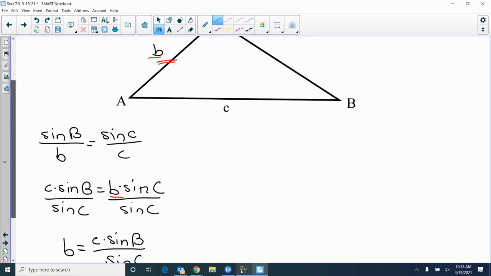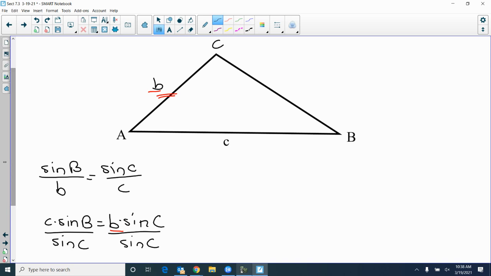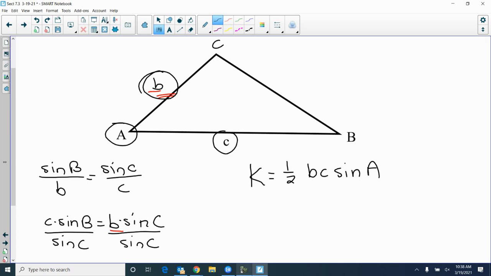Maybe? Hey, that gives us enough to use our new little formula, right? If I know this, and I know this, what was that formula? It was K equals 1/2 BC sine of A. But what do I got to put in for B?